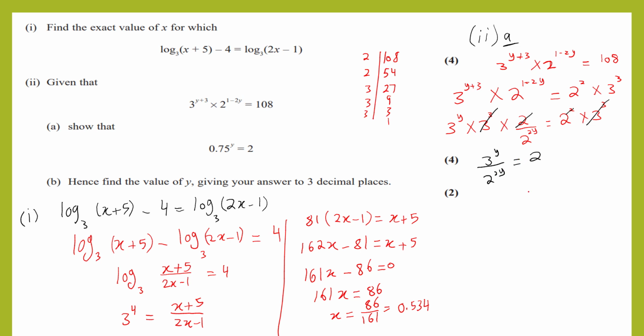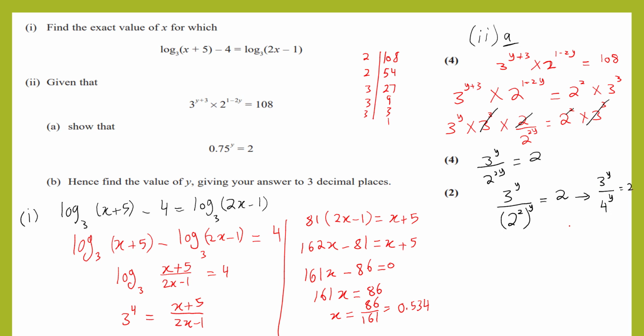Since these are multiplied together, it can be split as 3 to the power of y over (2 to the power of 2) all to the power of y equals 2. So 2 to the power of 2 is 4. So it will be 3 to the power of y over 4 to the power of y, because 2 squared is 4, all equals 2.